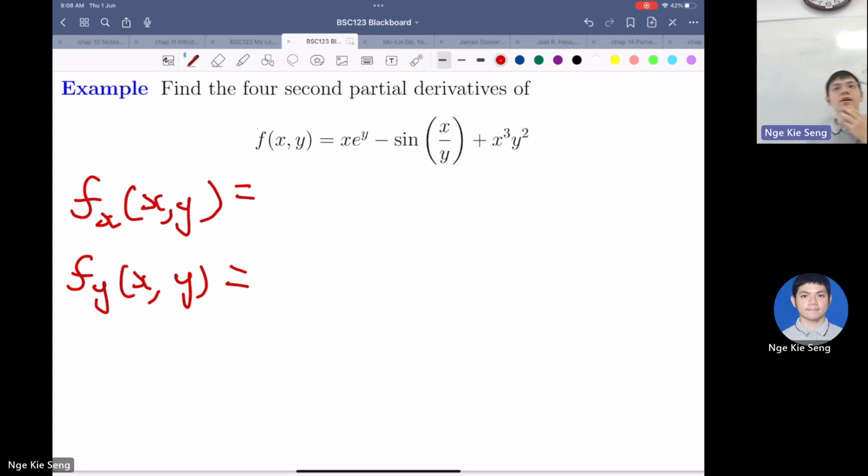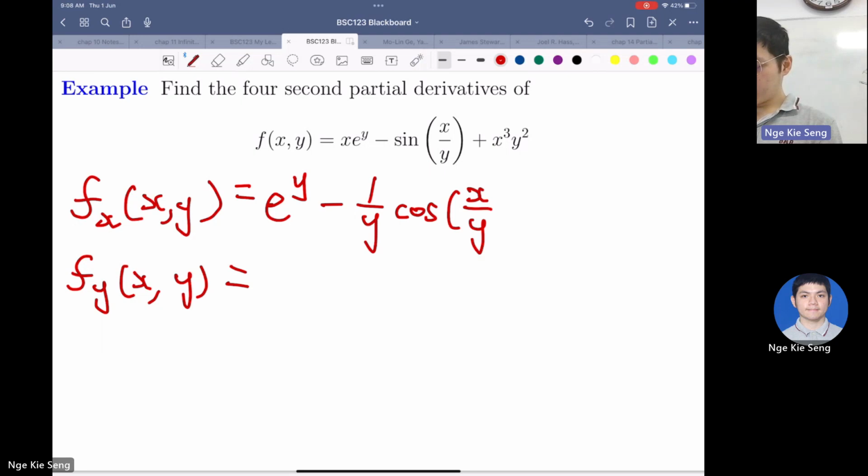What is fx? Differentiating f with respect to x, you get e^y minus 1 over y cos of x over y plus 3x squared y squared.